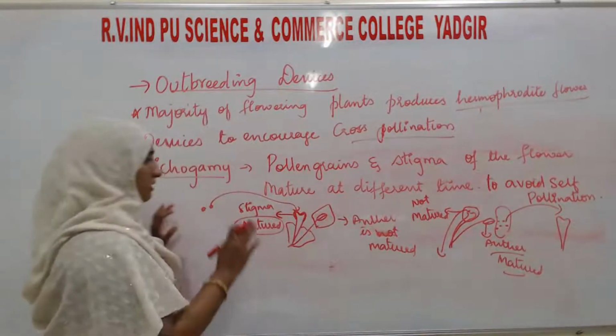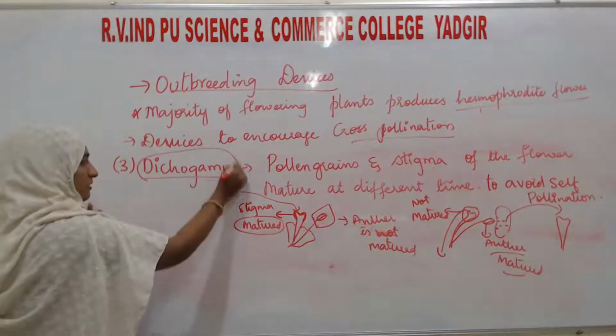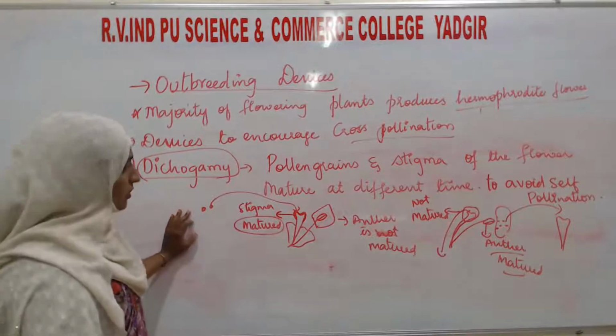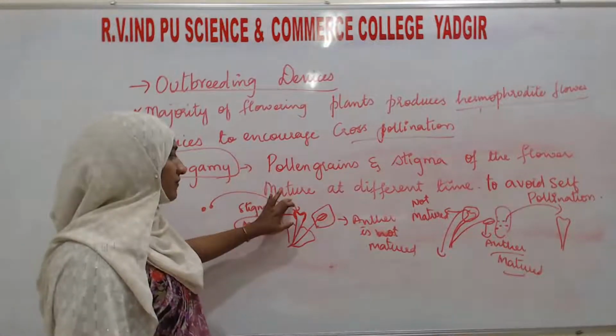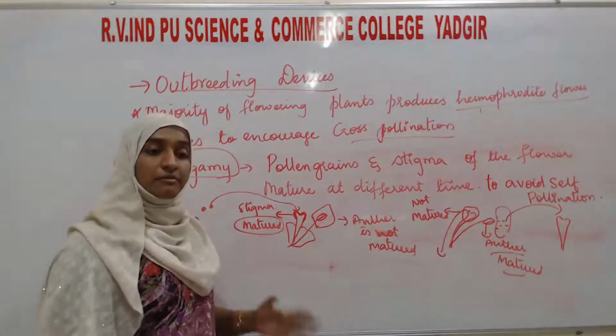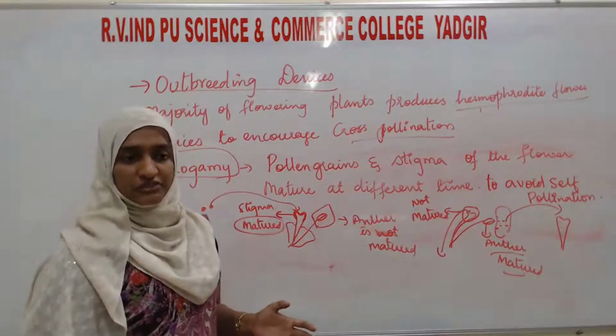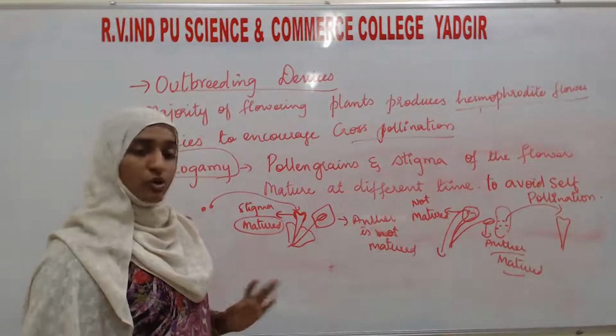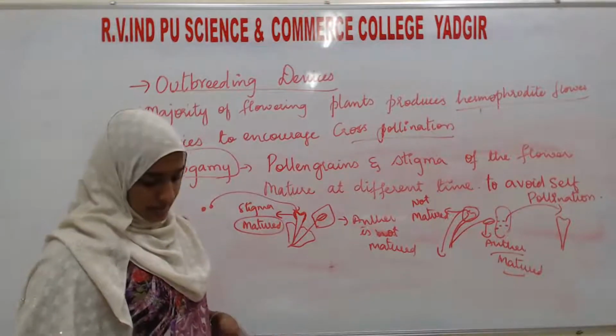That particular device is known as dichogamy, where the pollen grains and stigma of the flower mature at different times. If they mature at the same time, then self-pollination will take place. If they mature at different times, then there will be no self-pollination.